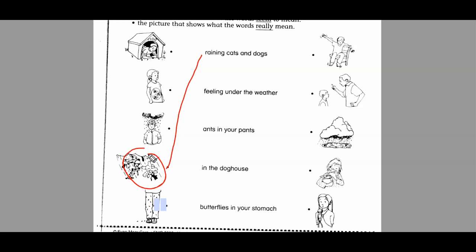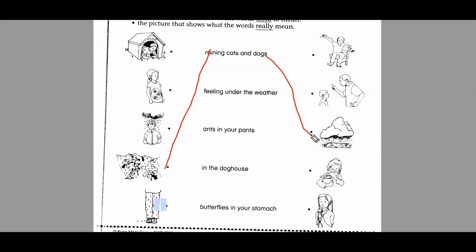But what does it really mean? Here's what it seems to mean, like dogs and cats are falling out of the sky, but it really means it rains really heavy, right? So that's why I'm making two lines like that.